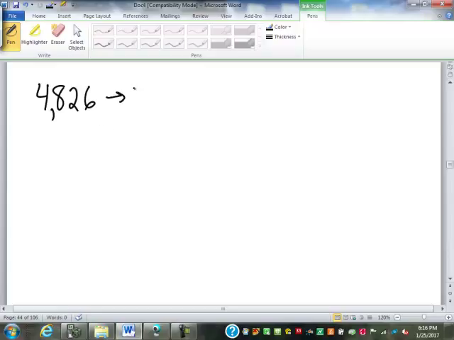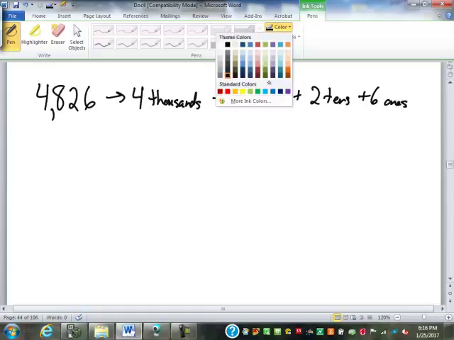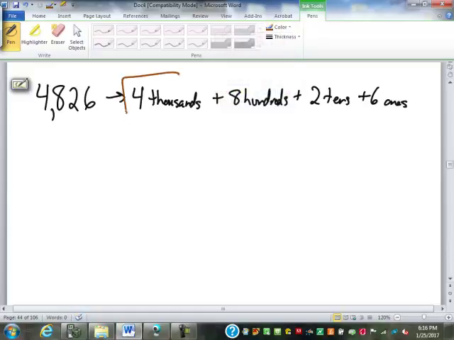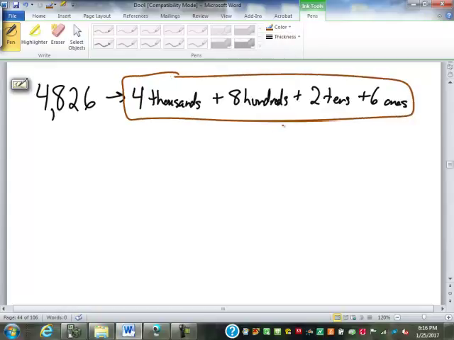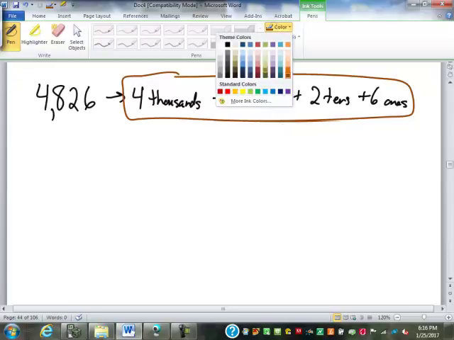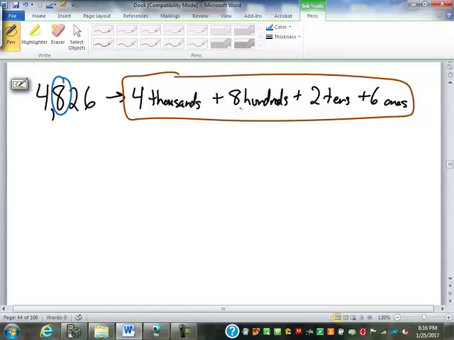The full form of that number looks like this. 4,000s or 4 1,000s, if you prefer to write it that way, and 8 100s, and 2 10s, and 6 1s. When you write it out like this in its full form, some textbooks call that the expanded form, you see that every digit has a count and a name. This is not just an 8, it's 8 hundreds.